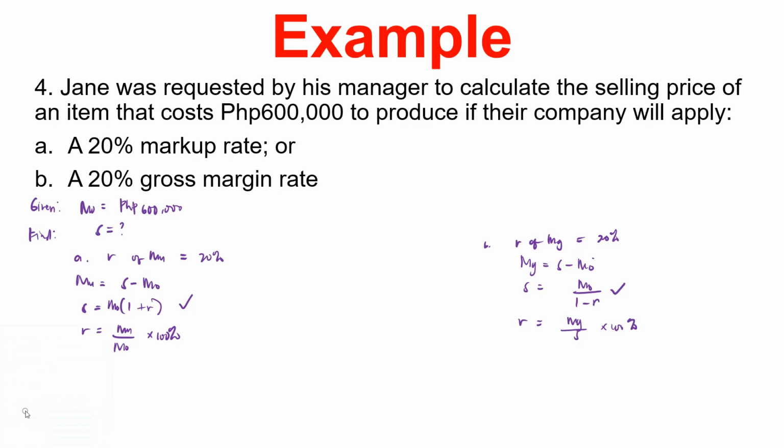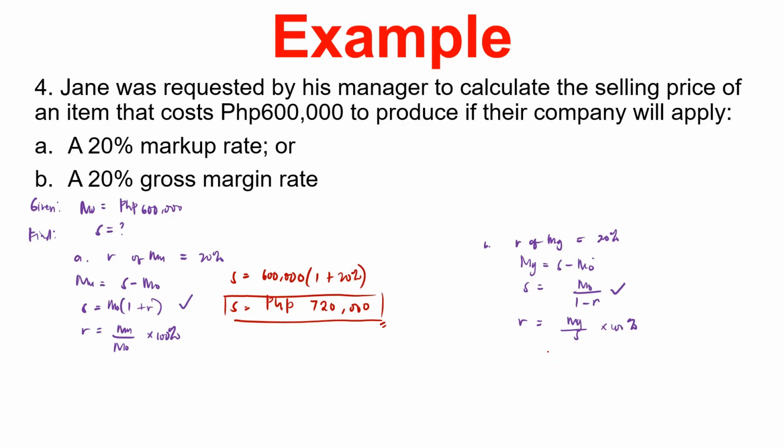Okay? So, let's answer. So, we have selling price. Since we have the rate and the cost price, selling price is equal to cost price, which is 600,000 times 1 plus R, which is 20%. Okay? So, we will get a selling price amount of 720,000. That is the selling price under the markup rate of 20%.